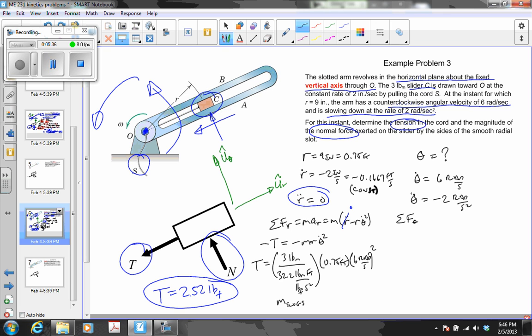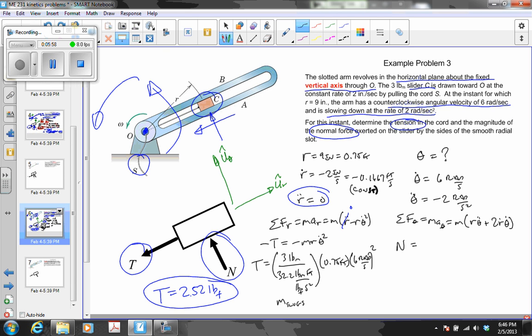Now I need to sum forces in the theta direction. So the sum of forces in the theta direction is equal to mass times acceleration in the theta direction, where that's r theta double dot plus 2 r dot theta dot. So what's acting in the theta direction? Just N equals what?